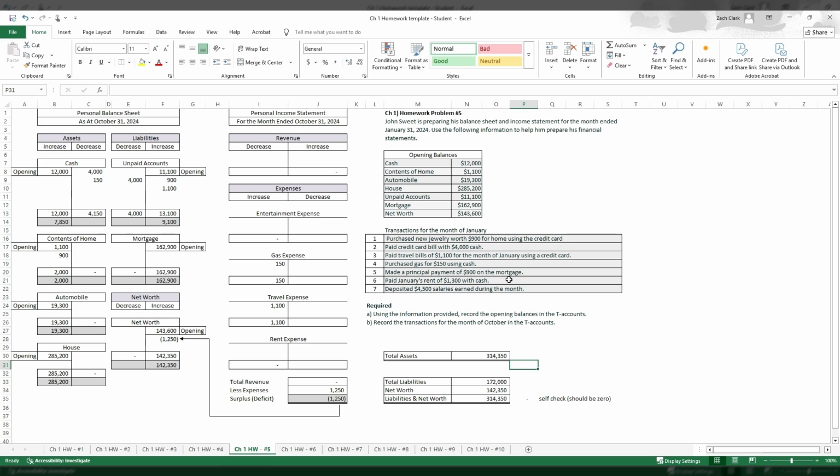Number 5, we made a principal payment of $900 on the mortgage. So a payment means that cash is decreasing. Principal payment, when we say principal, that means not interest.